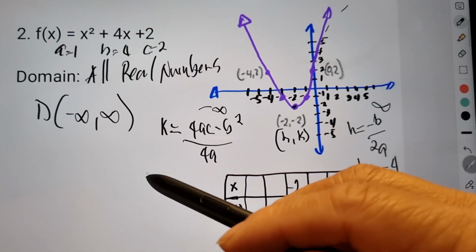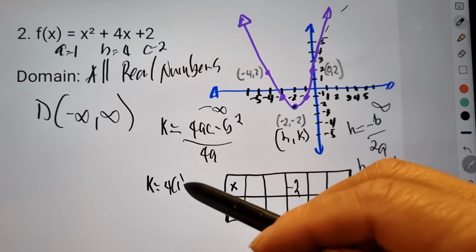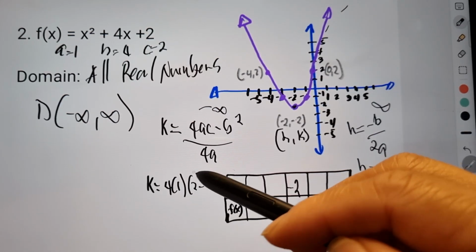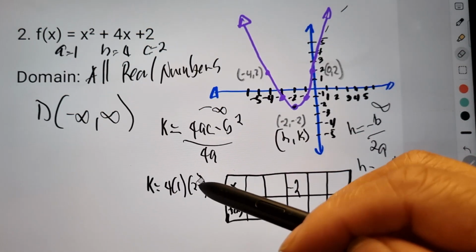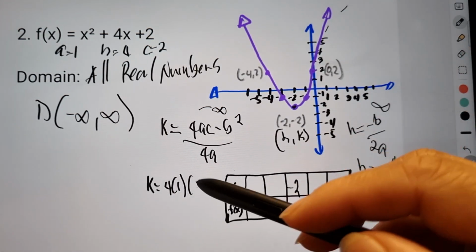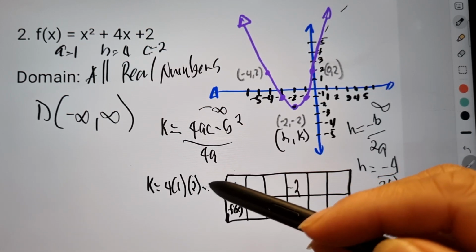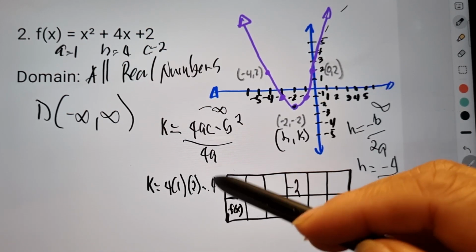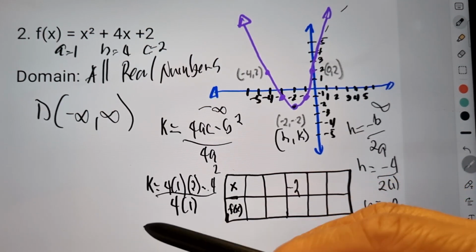So now k is equal to 4, a is 1, c is 2, minus b, which is 4, squared, all over 4 times a is 1.